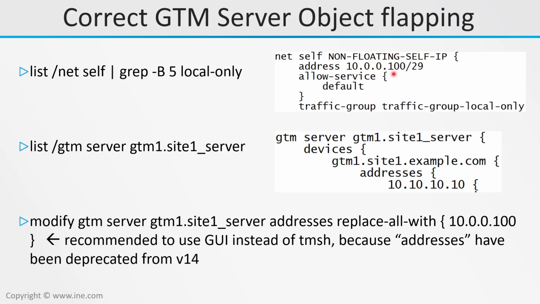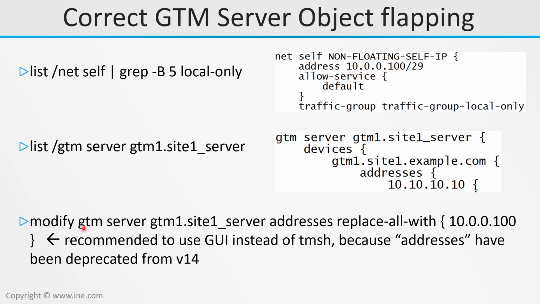To identify what the server object is itself, we could list the GTM server and then the server object, in this case the GTM1 at site 1 server. The address associated with it is 10.10.10.10, and this, from our example, was our management IP. So an incorrect IP is identified here, and we need to replace it with a correct non-floating self IP.